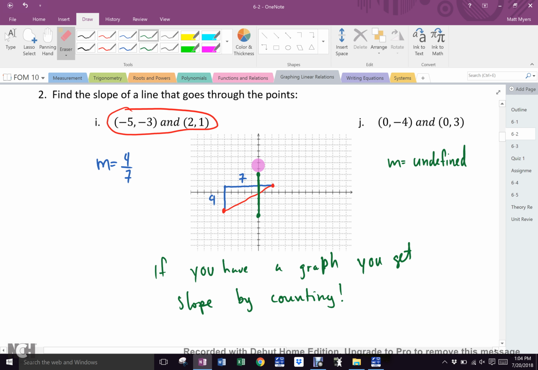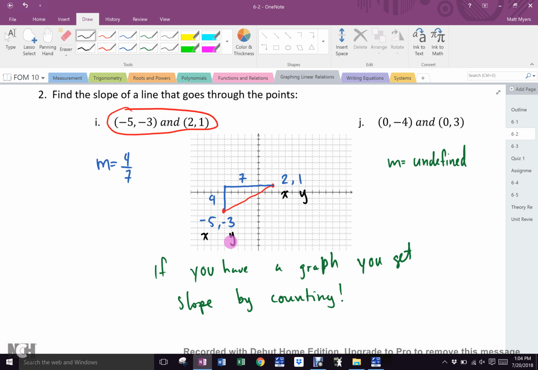Now, also you need to be aware that this point is 2, 1. This point is -5, -3. That is an X, that is a Y. This is an X, this is a Y. Are they the same values?